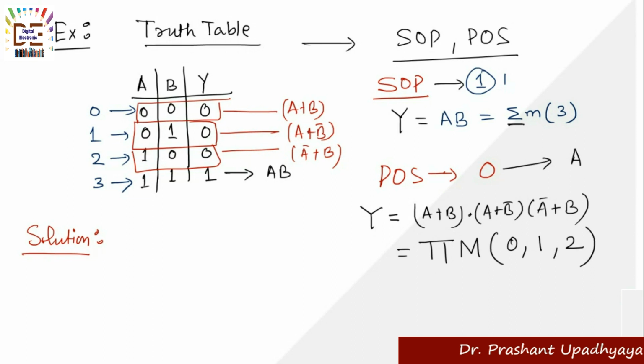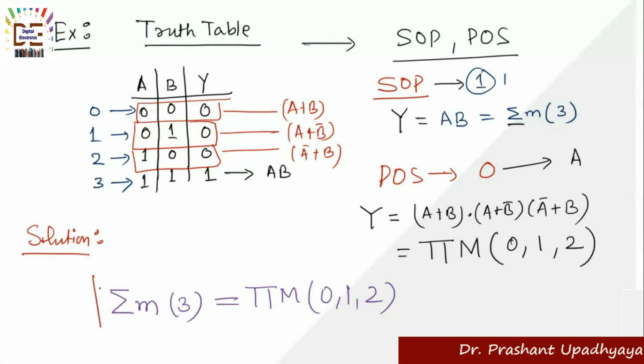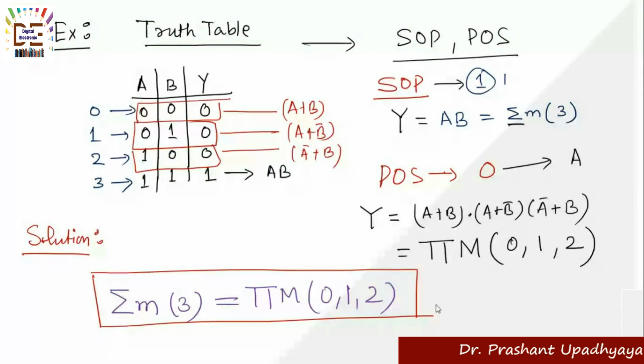If you can see, I took this one expression, summation m, and I got 3 here. So this pi m will be equal to 0, 1 and 2. Can you see? Can you verify it? That means if you have a relation like this, then the SOP, if you take its complement, in a POS form you will get this answer.